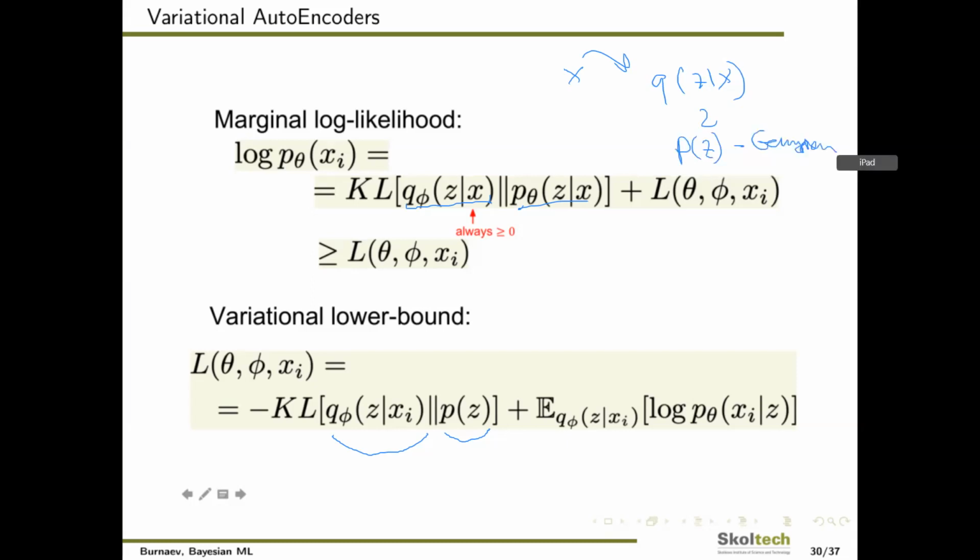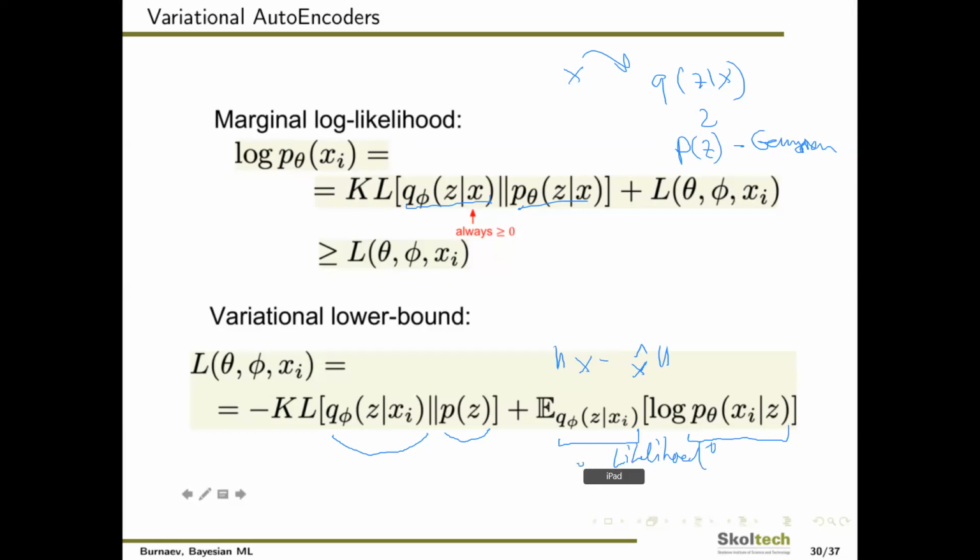The second term: we have a distribution of Z given X, and then we recover X given Z, so we apply the encoder, then the decoder to recover X. We can say that we have a generation of X hat from X, and we want this generation to be good, so these two should be close to each other. Basically, it is similar to the likelihood of the data.